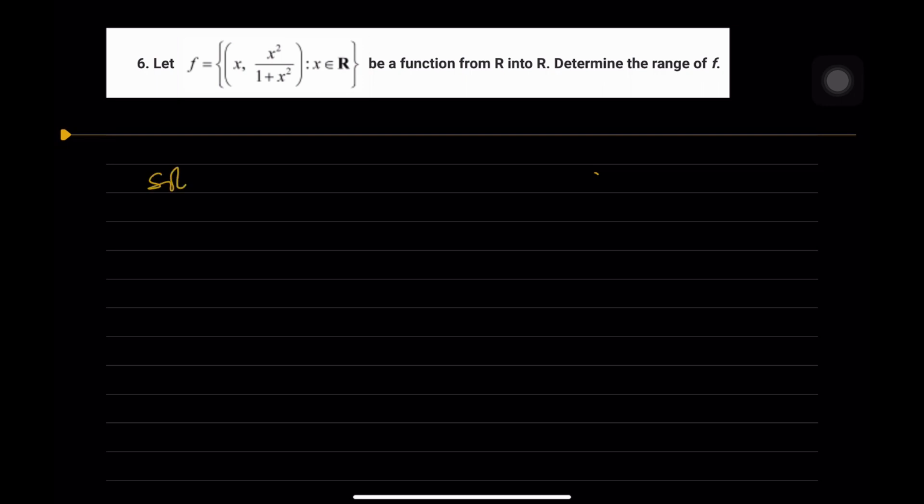So here in the solution part, we have that y is equal to f of x, which is equal to x square by 1 plus x square. So this is given to us. Now we have to find out what is the range of f.